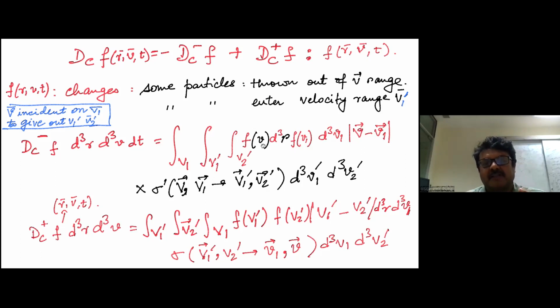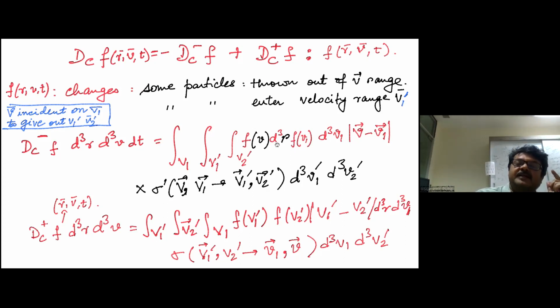So the number of particles with velocity v are colliding with particles moving with velocity v1. And how many particles are moving with velocity v1? f of v1 into d3v1.